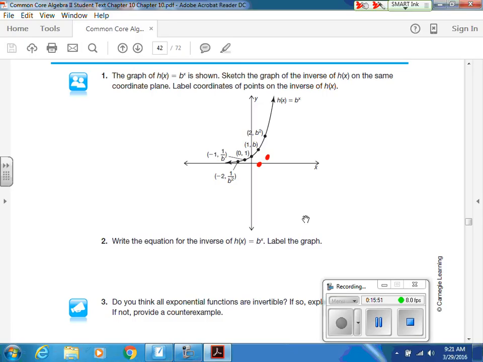What's it going to end up looking like? If you graph this, what will this graph look like? It looks just like the other one did, right? If this is h of x equals b to the x, what's the inverse of it?